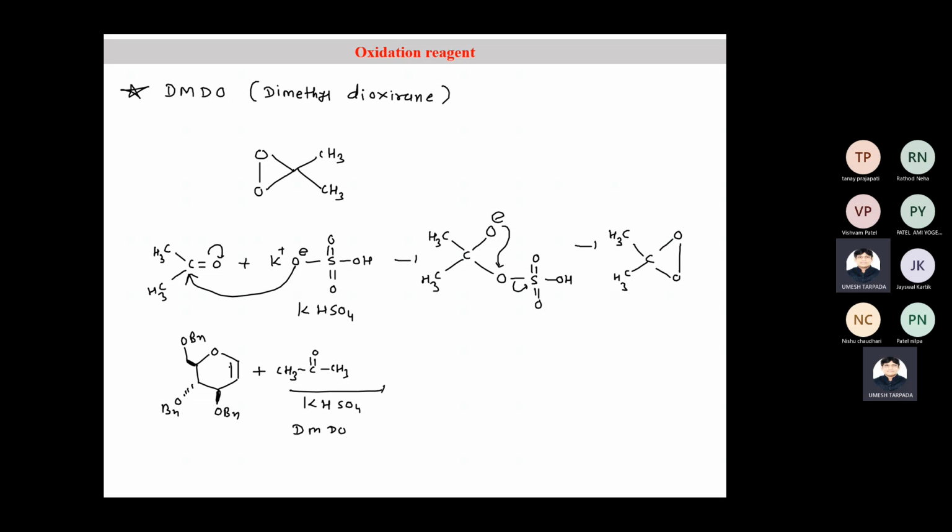So this double bond may undergo epoxidation, but epoxidation takes place on the side opposite to this bulky group, close to this group. In this way, other things remain as they are.